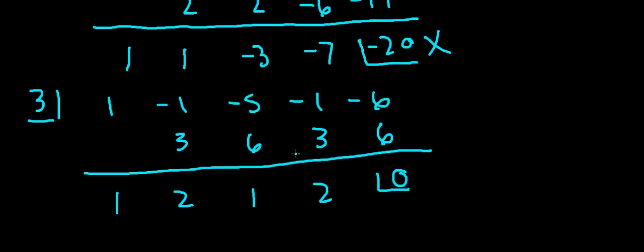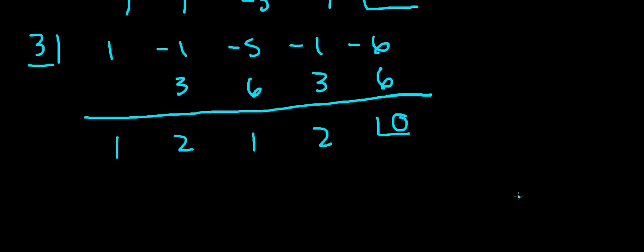So we know that 3 is a factor. Now let's check to see if it's an upper bound. We already know it's an upper bound because we only have one positive 0 according to Descartes' rule of signs. But let's double check. 1 is positive, 2 is positive, 1 is positive, 2 is positive. So 3 is an upper bound.